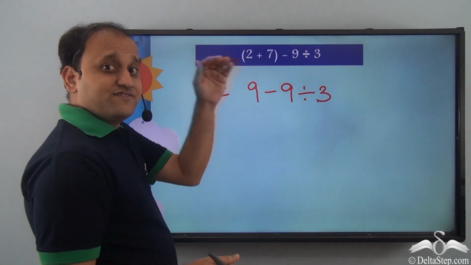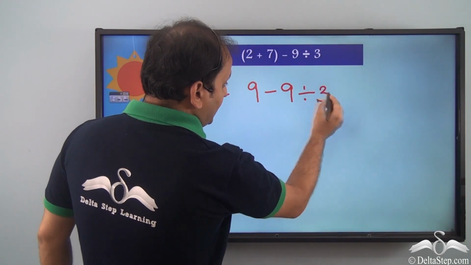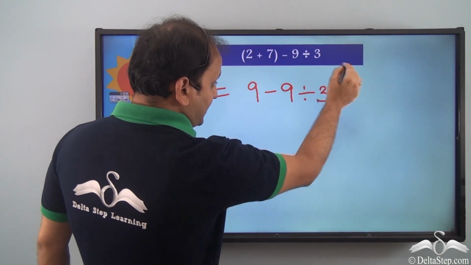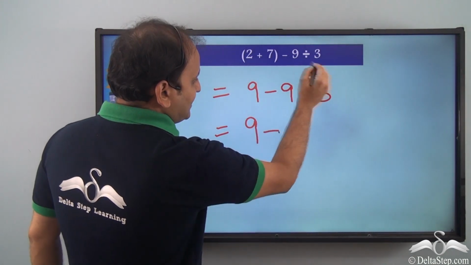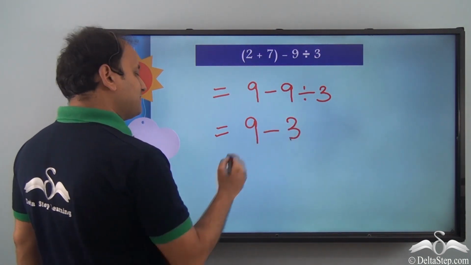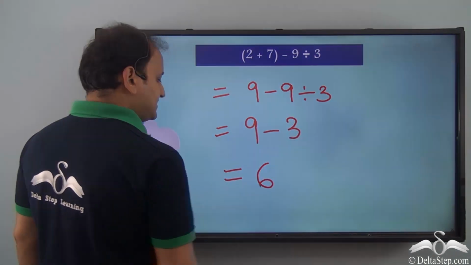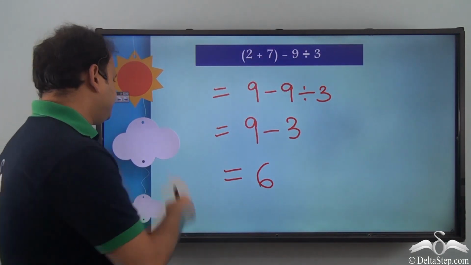In BODMAS, division comes before subtraction. So we'll first of all solve this. 9 divided by 3 is 3. So now we have 9 minus 3, which is 6. So 6 is the answer for this expression.